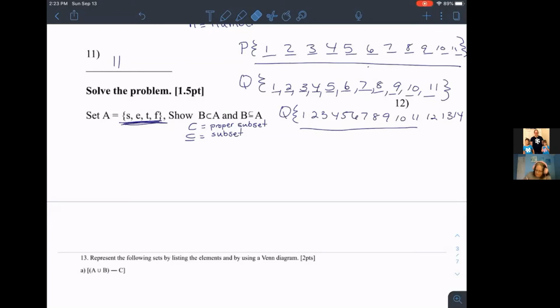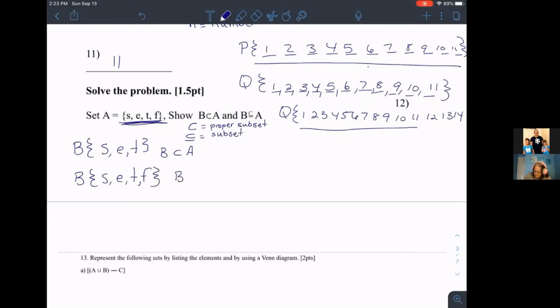So let's see, for B to A, if B had S, E, and T, that would make B a proper subset of A. But if B is a subset that has all of the letters included, that would be considered a subset.